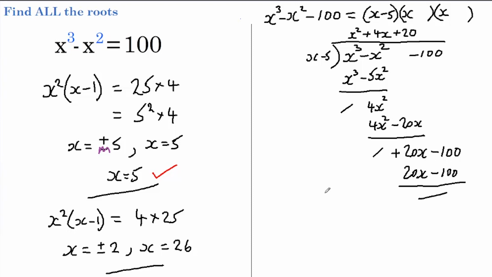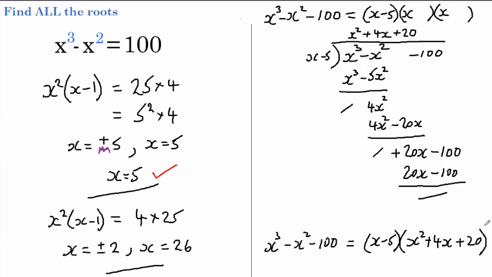So we can now rewrite this x cubed minus x squared minus 100 as x minus 5 multiplied by x squared plus 4x plus 20. And now the only thing for us left to do is to factorise this.